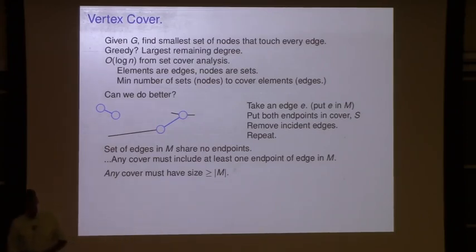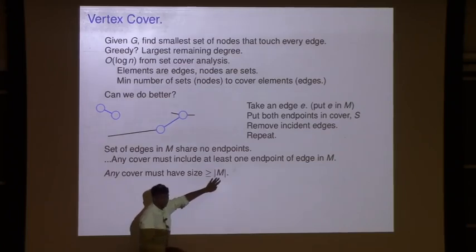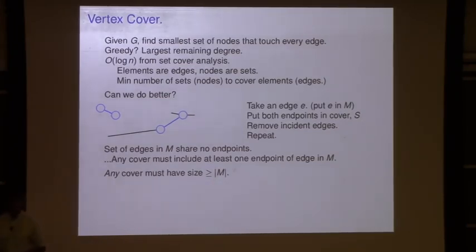So stepping back a bit, any matching in this graph is a lower bound on the size of the vertex cover, just like the MST was a lower bound on the size of the TSP tour. So any cover must have size at least the size of M. And what is the size of my cover?